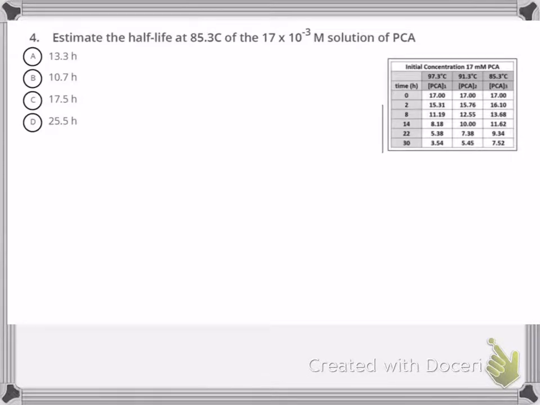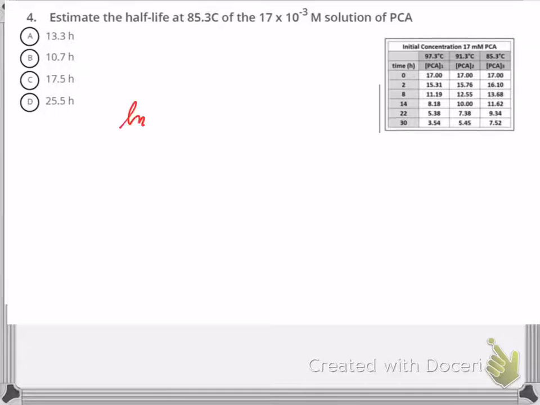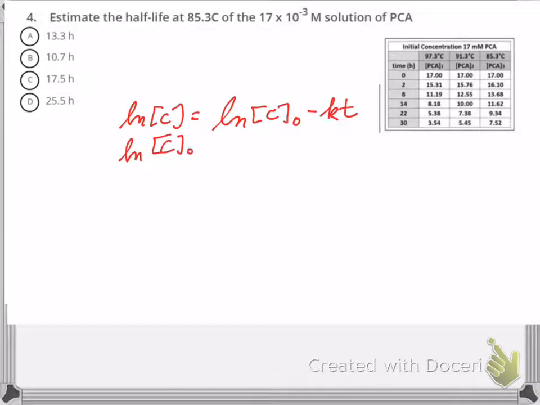So question number 4 asks, at a different temperature, what would be the half-life? We did this in class. If we have first order kinetics, we have the integrated rate law here, which we can use to find the half-life by making the substitution for concentration that it's C0 divided by 2.